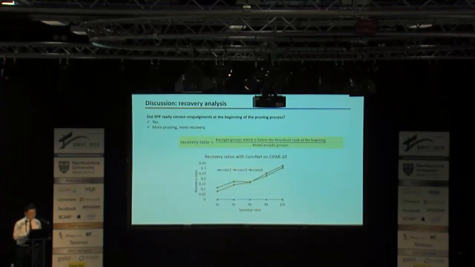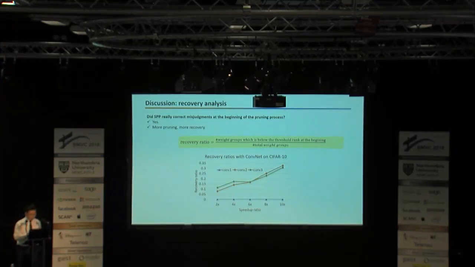And there are some discussions. Firstly, did SPP, our method, really correct misjudgments at the beginning of the pruning process? Yes, you could see from this graph. This is the ConvNet on CIFAR10, and the x-axis is the speed up ratio, and the y-axis is recovery ratio.